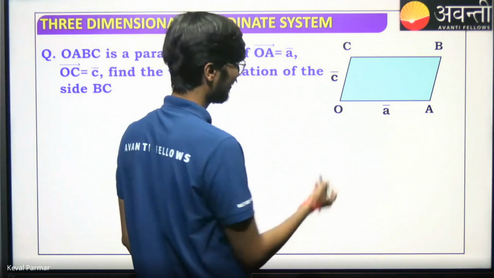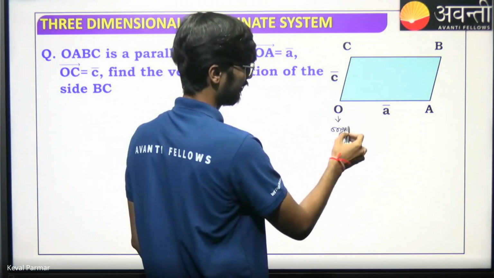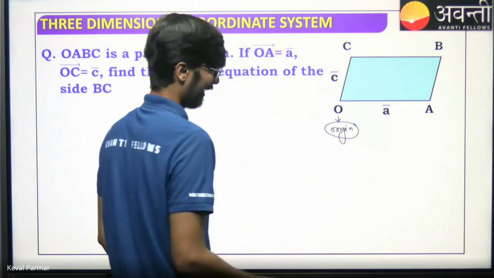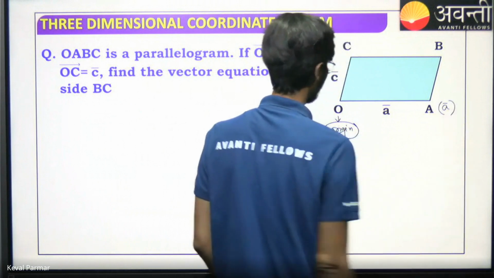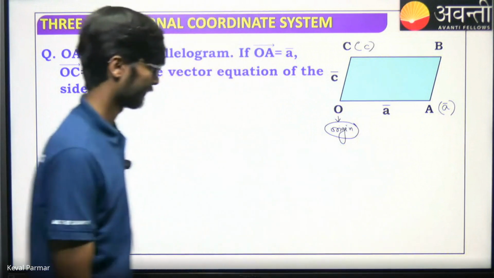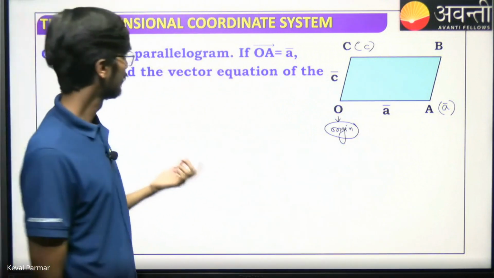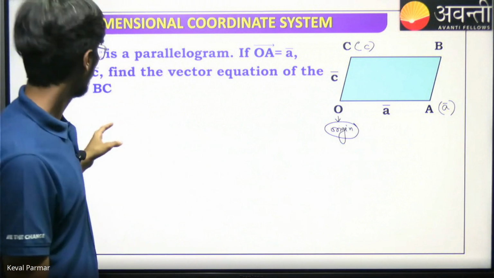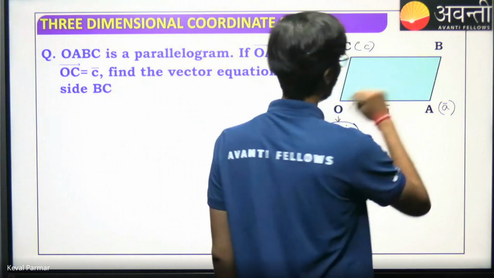So this clearly means O is the origin and the position vector of point A is A vector, and the same with point C. Then we have to find the equation of side BC.